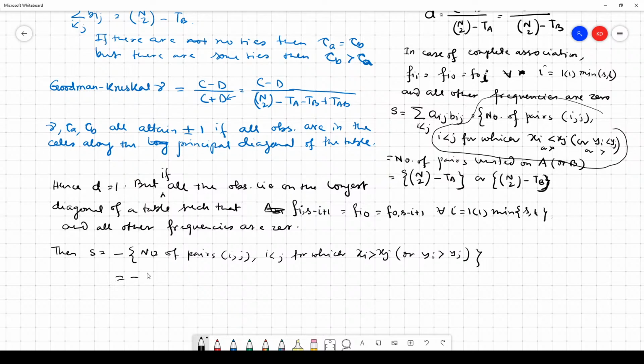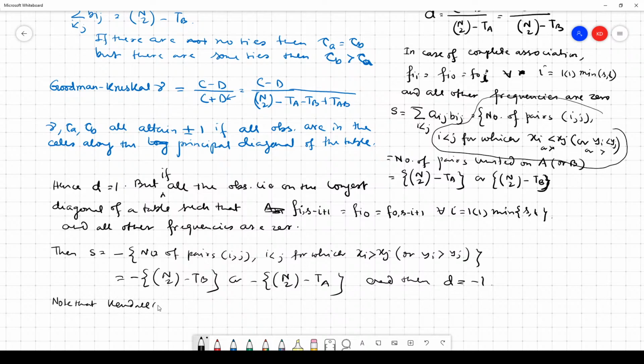And this is nothing but minus NC2 minus TB or minus NC2 minus TA. And then D equal to minus 1. And note that in the above situation, Kendall tau B behaves similarly.